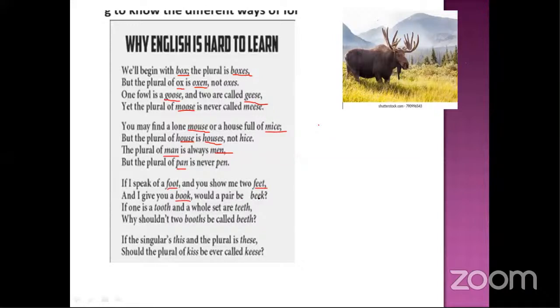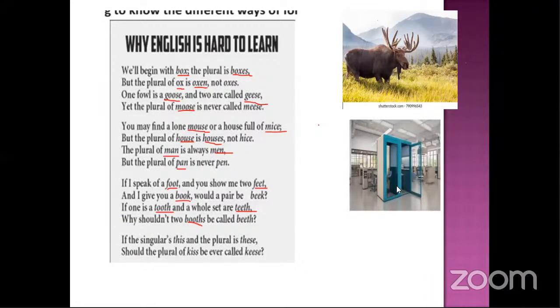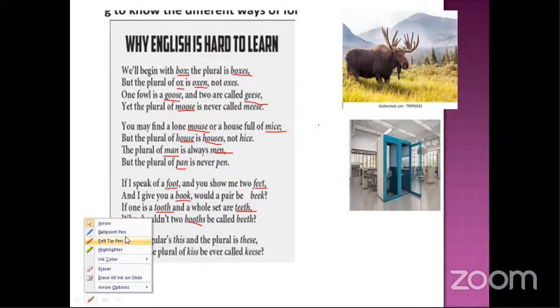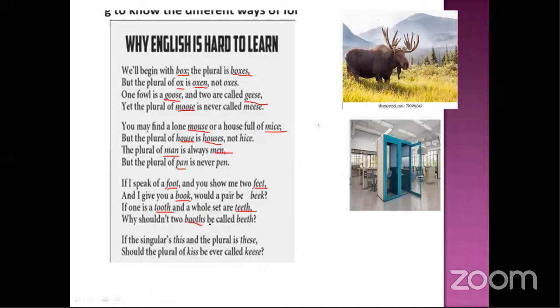If one is a tooth and the whole set are teeth, one tooth, teeth, why shouldn't two booths be called beeth? What do you mean by a booth? A telephone booth, for example. So one booth, two booths, not beeth.